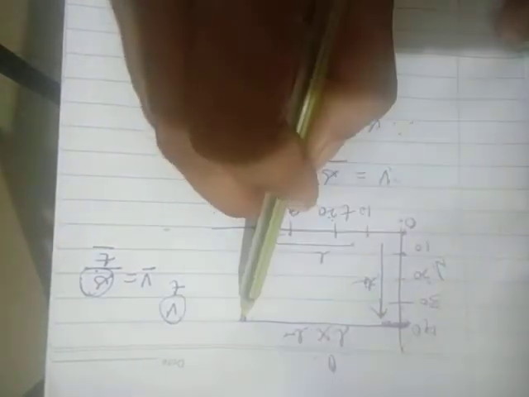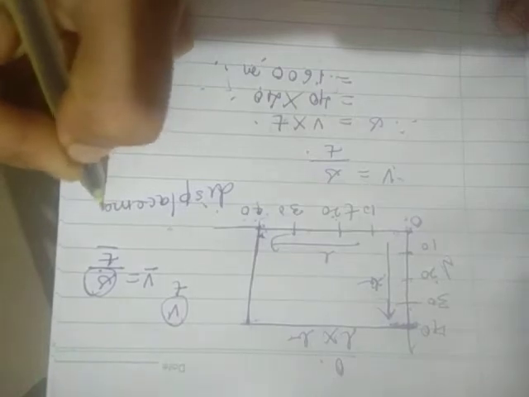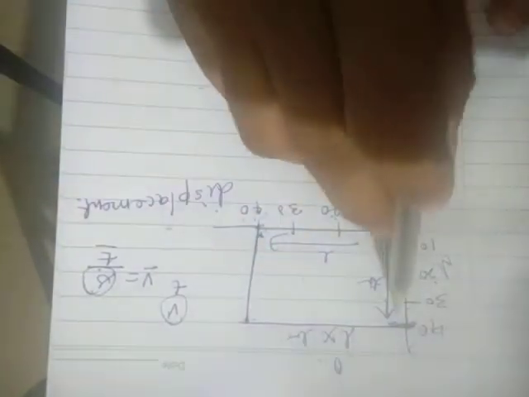So we can find the displacement from the VT graph. The VT graph not only gives us the slope, that is the acceleration, but the area under the graph will give you the displacement. So this was the case of zero acceleration.